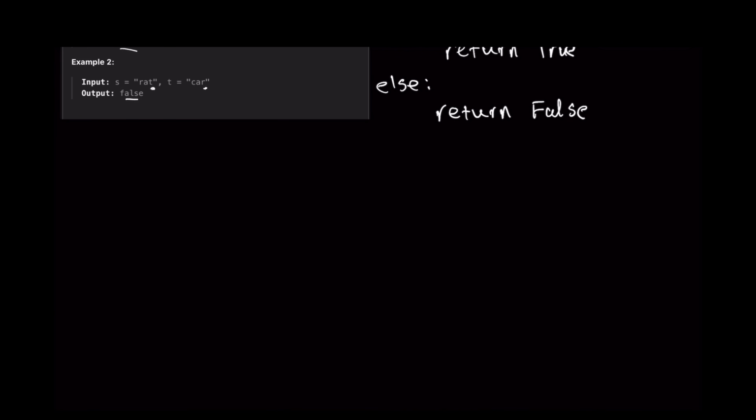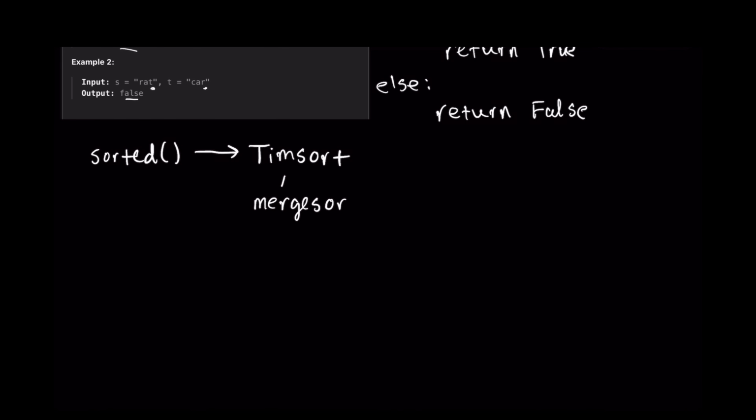Okay, and now I'm going to talk about the time complexity of our sorted approach. So in Python, the sorted keyword uses an algorithm called timsort, which was made by a guy named Tim back in the early 2000s, which is a combination of merge sort and insertion sort.